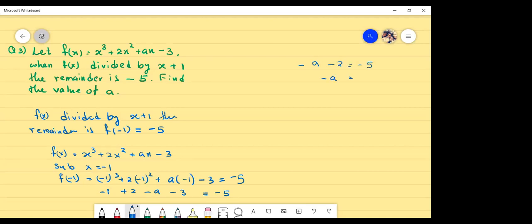Then minus a equal minus 3. a equal plus 3. Here we need to get the a only. That is the way. Here also we state the remainder theorem. Right? How we take the remainder.